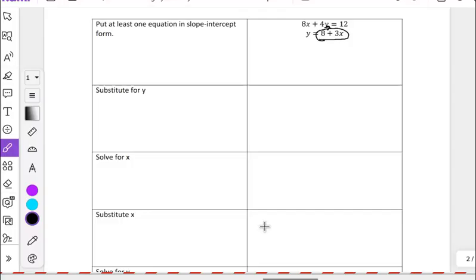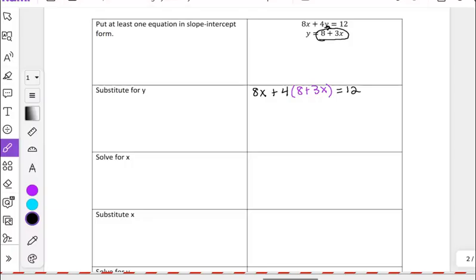So I'm going to have 8x plus 4 times (8 plus 3x) equals 12. All I did was plug this in for y.